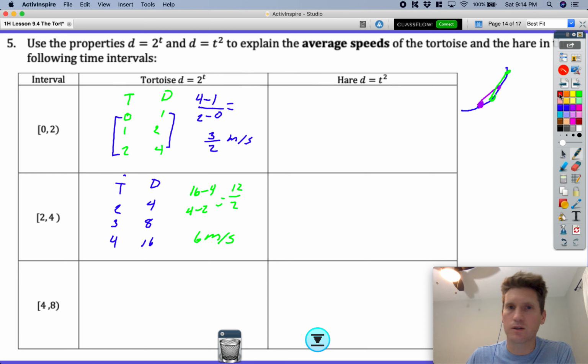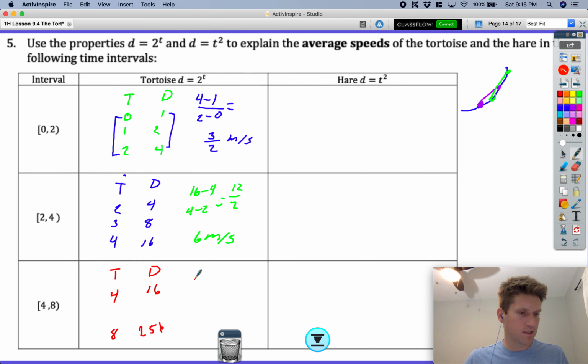And last but not least, let's look at this one for the tortoise. We have time and distance from 4, and we'll just jump to 8. We don't have to do all those values. If I plug in 4 here, that gives me 16. And 2 to the 8th power, let me take a calculator really quickly, is 256.